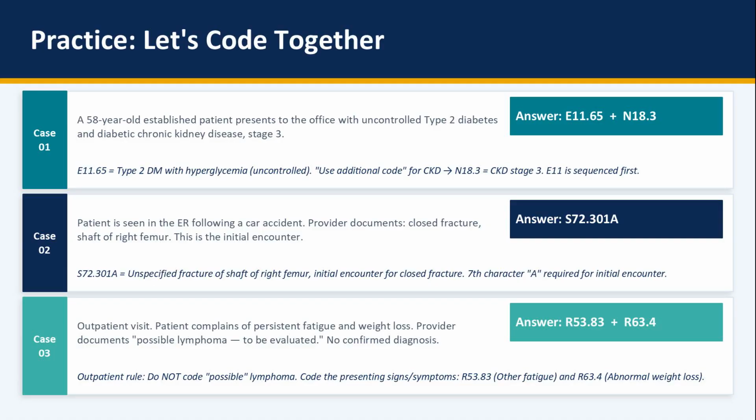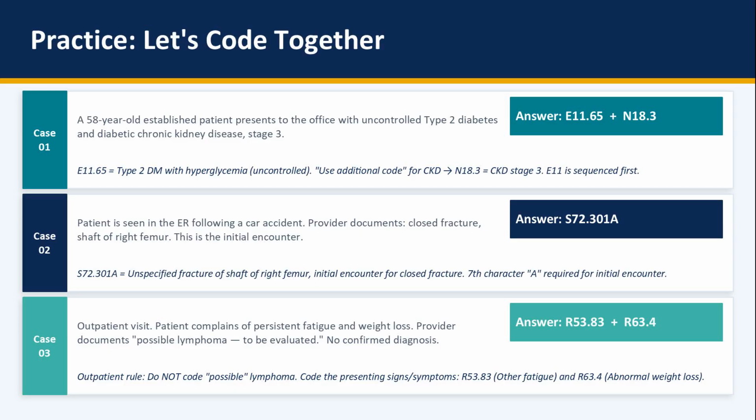Now notice that under E11 in the tabular, there's a use additional code instruction for the stage of chronic kidney disease. So we must add a second code. N18.3 is chronic kidney disease, stage 3. Our final answer, E11.65, N18.3, diabetes first, then the kidney disease.